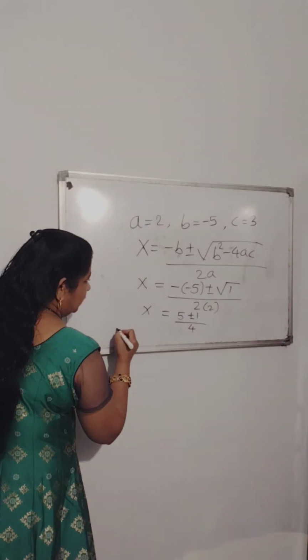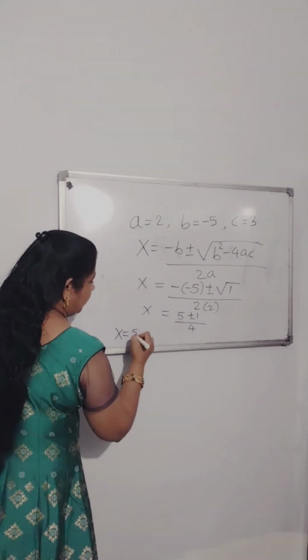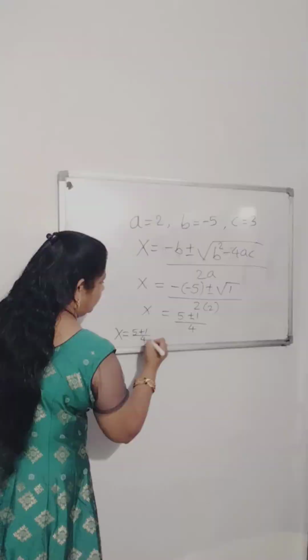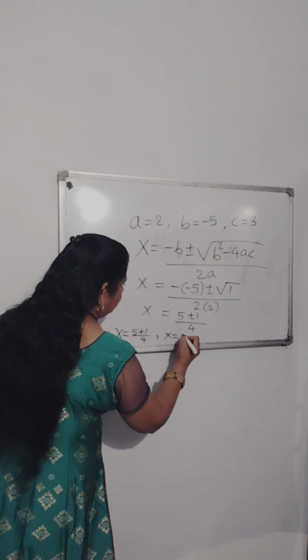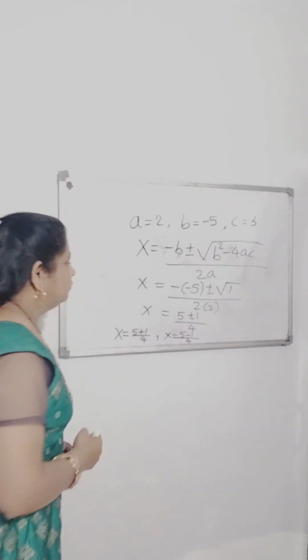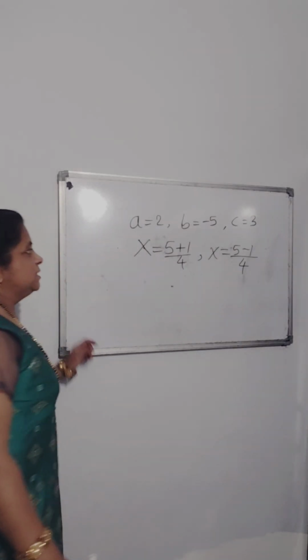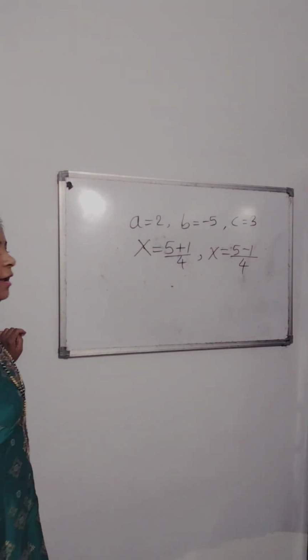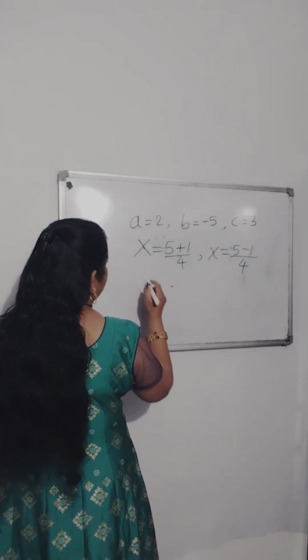So we can write x is equal to 5 plus 1 upon 4 and x is equal to 5 minus 1 upon 4.